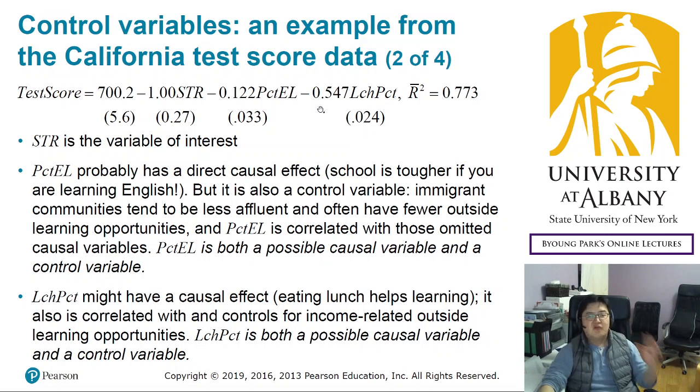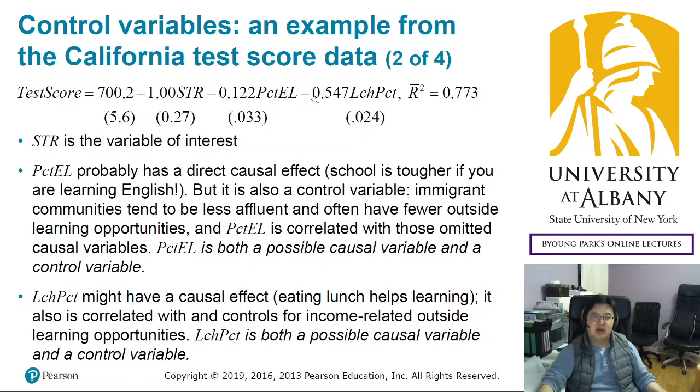Usually, when you use this as a variable of interest, you want to say what happens if you expand the eligibility of free lunch by 10 percentage points of students, and what would be the effect on test scores. However, if you want to estimate that, the variation in the lunch percentage does not show the variation in eligibility. So including this variable is needed, but that does not imply this coefficient has a nice interpretation.